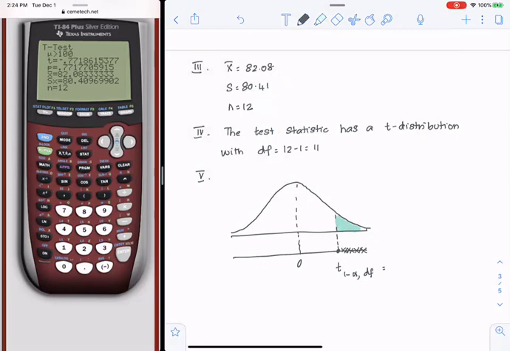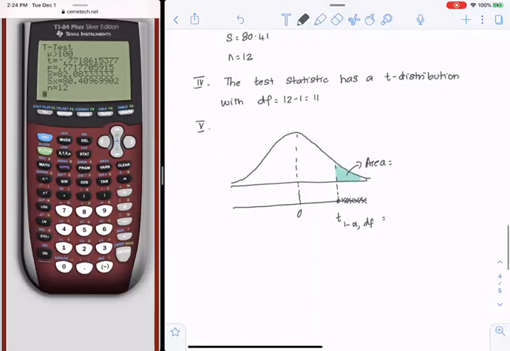So the area that we have up there is 0.01. So the area below, 1 minus 0.01, would be 0.99. So T 0.99, comma, the degrees of freedom, which is simply 11.